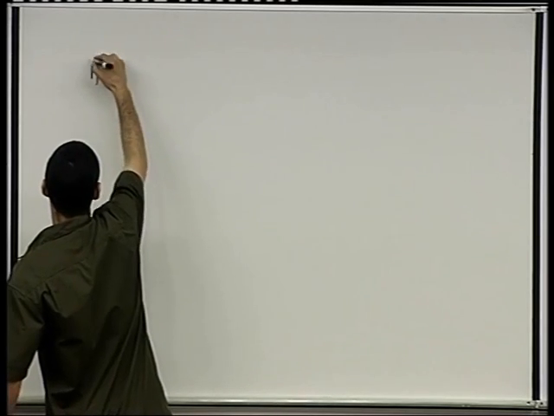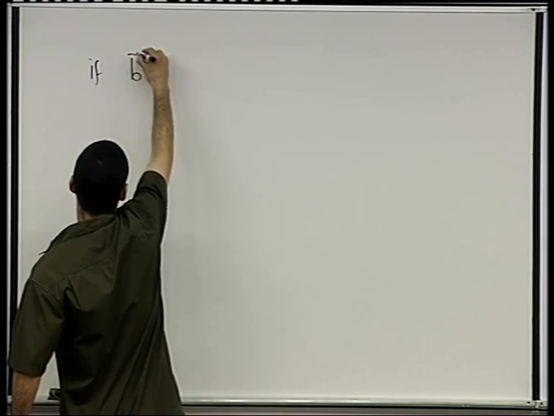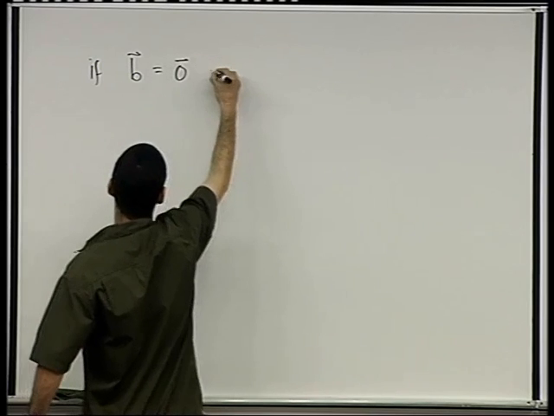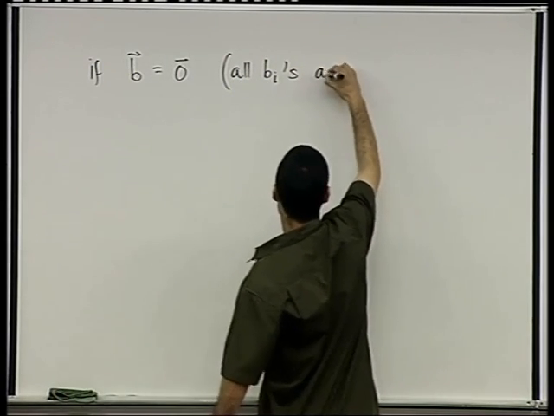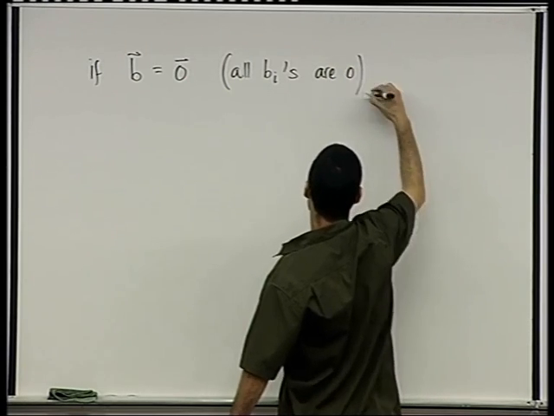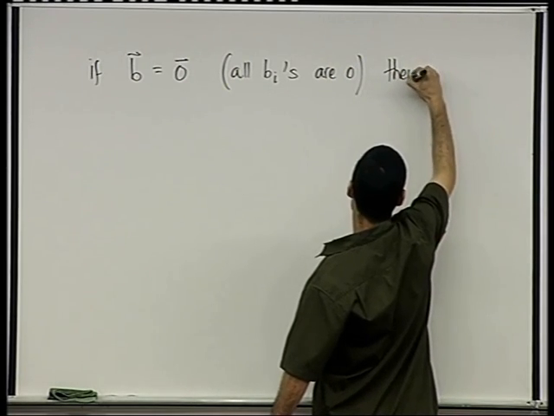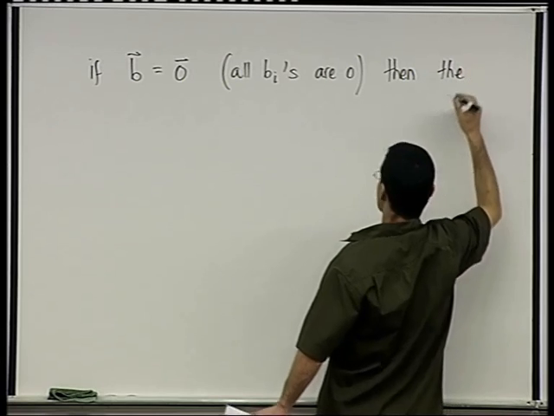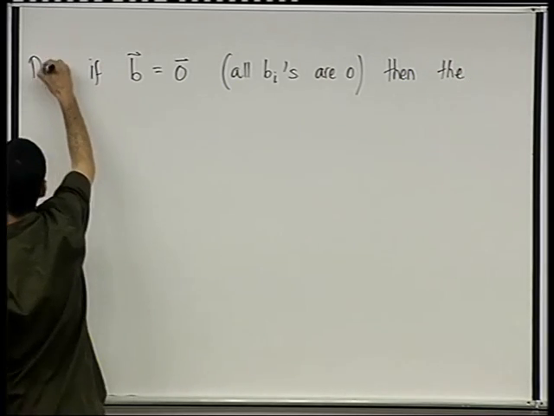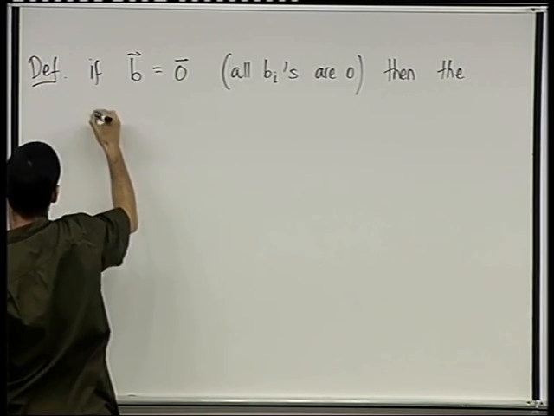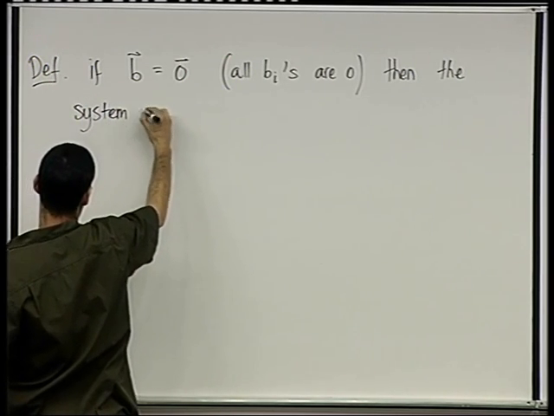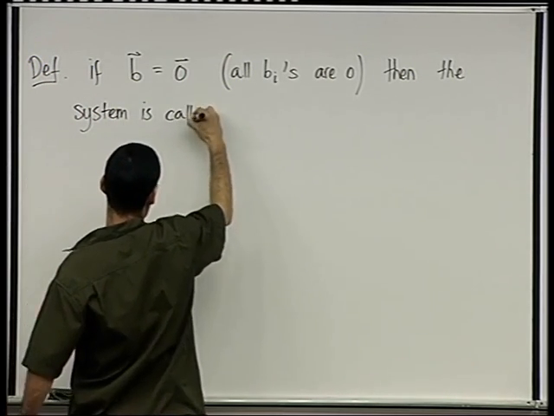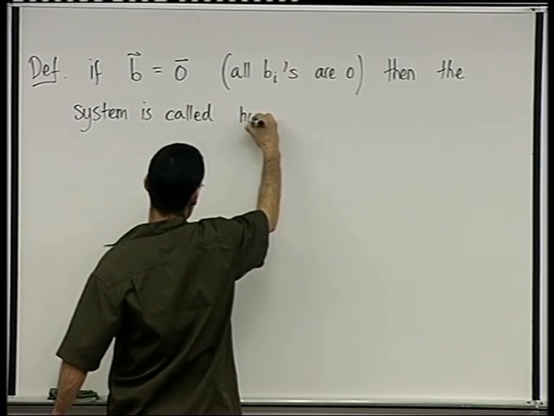So, definition: if B is the 0 vector, all bi's are 0, then the system is called homogeneous.